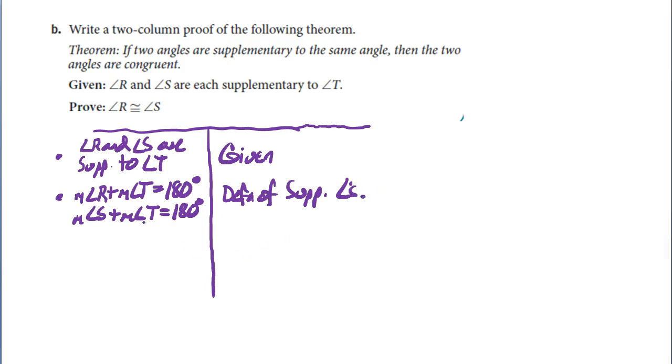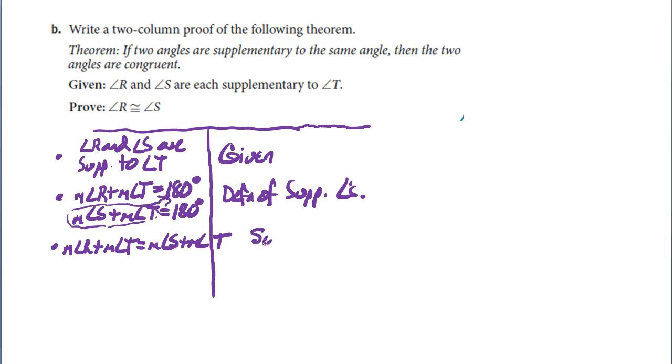From this statement, what could we do? Well, the fact that both things are equal to 180 allows us to conclude that they're equal to each other. Basically, what's going on is this expression is being substituted in place of the 180.